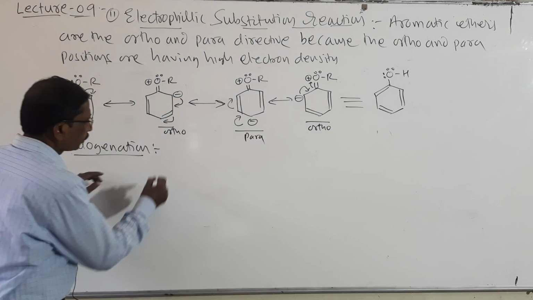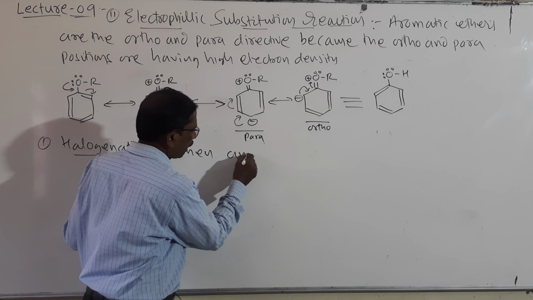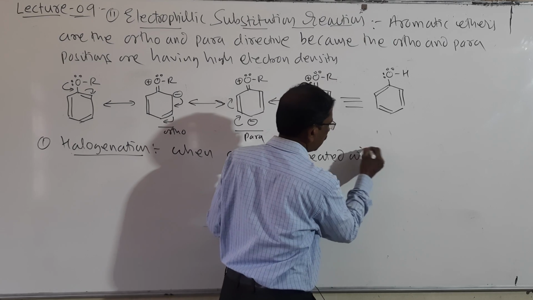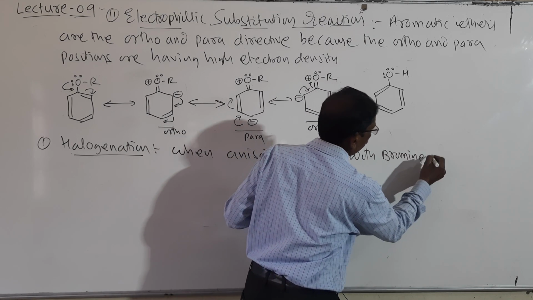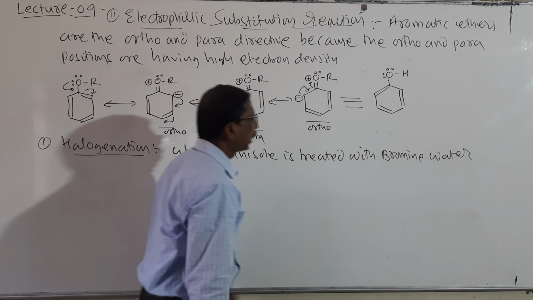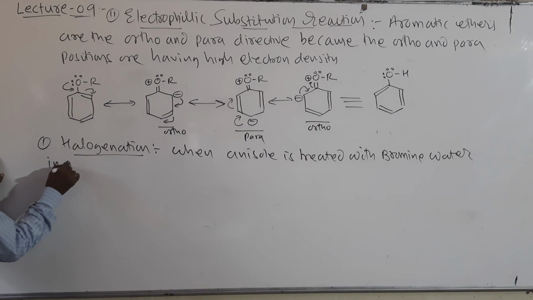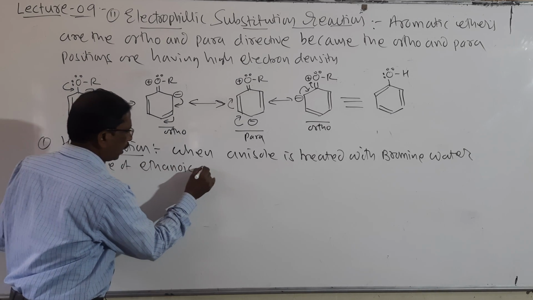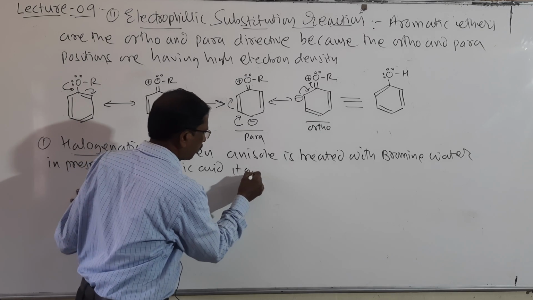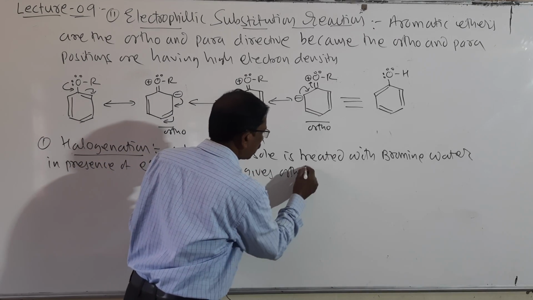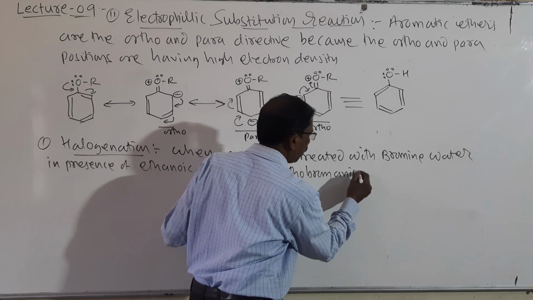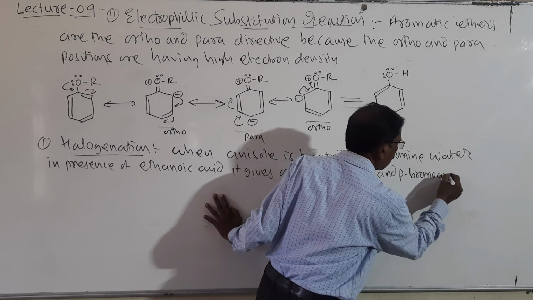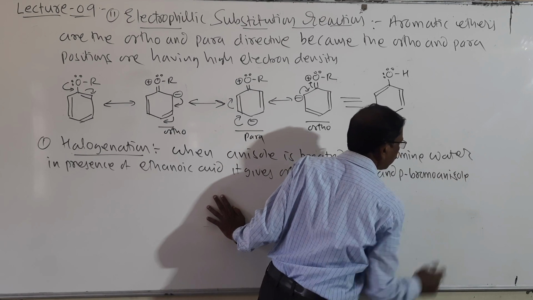So look here, when anisole is treated with bromine water in presence of ethanoic acid, it gives ortho-bromoanisole and para-bromoanisole.